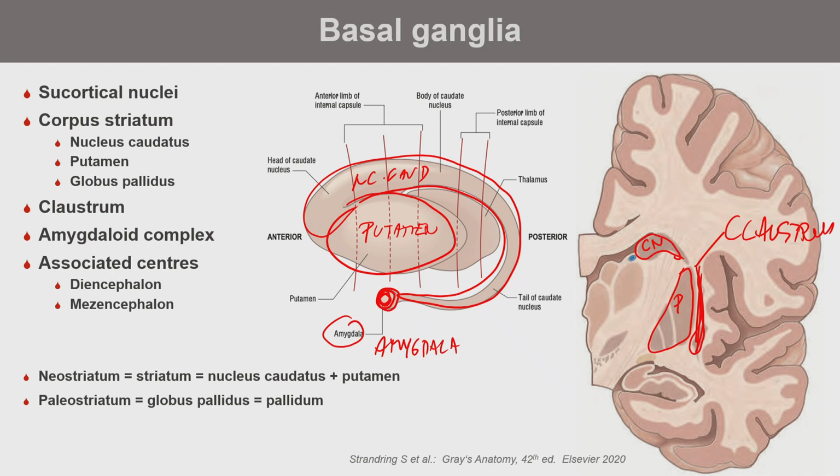The paleo is the archaic part, and this part, paleostriatum, is now localized to be in the diencephalon, but it's really a part of the developing diencephalon. So it has diencephalic origin.